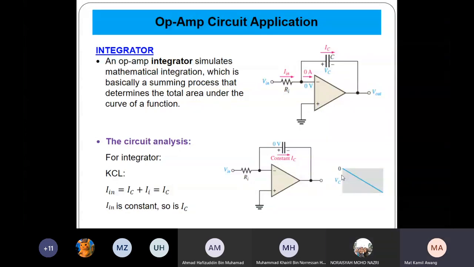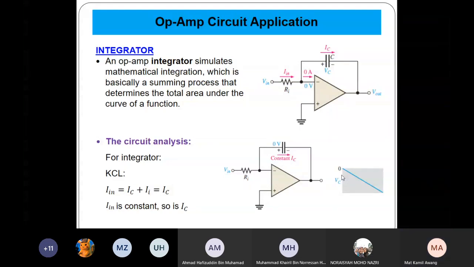Kena ingat lah. So the integrator is actually a circuit with a capacitor in it. An OpAmp integrator simulates mathematical integration, which is basically a summing process that determines the total area under the curve of a function.